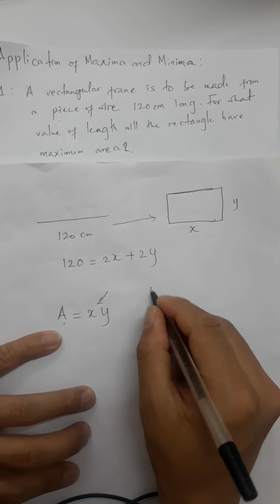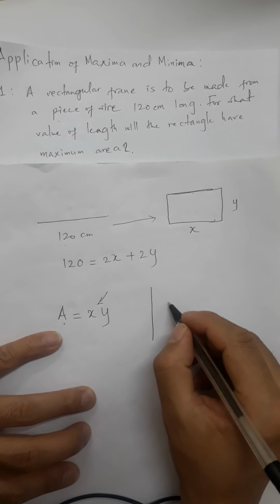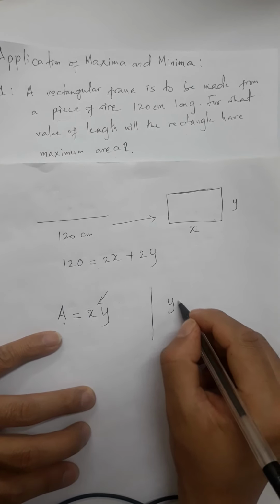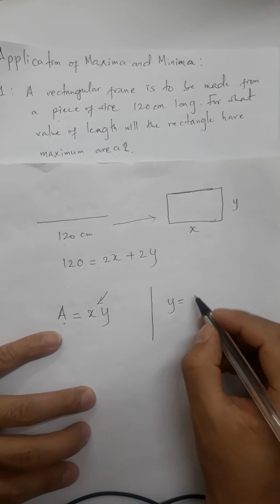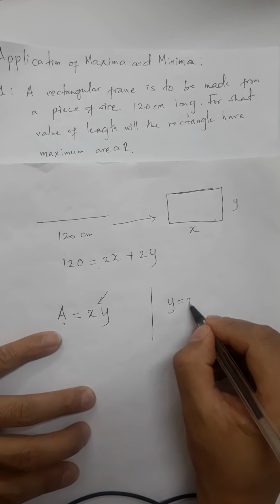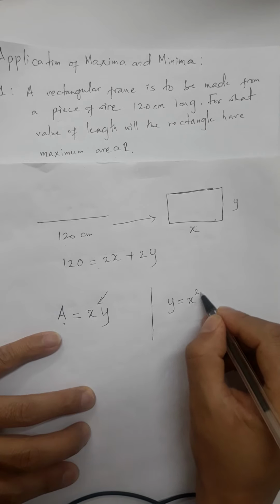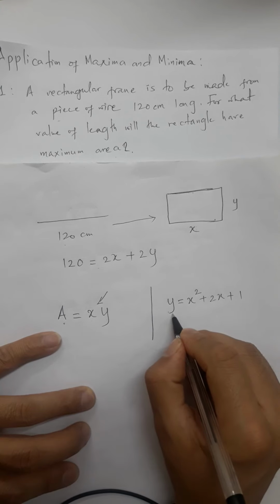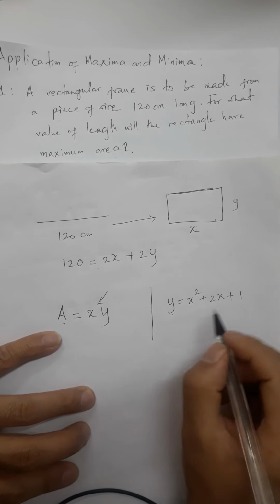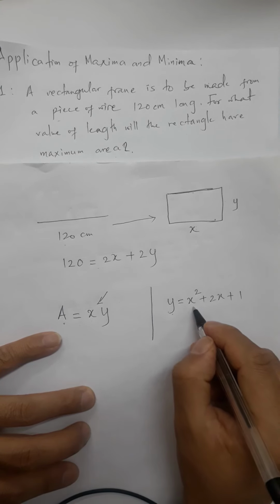Now whenever you are given a function, if I have to apply the maximum condition, the function can only be expressed in terms of one variable. Example like this: y is a function, and this function y is being expressed in terms of variable x.